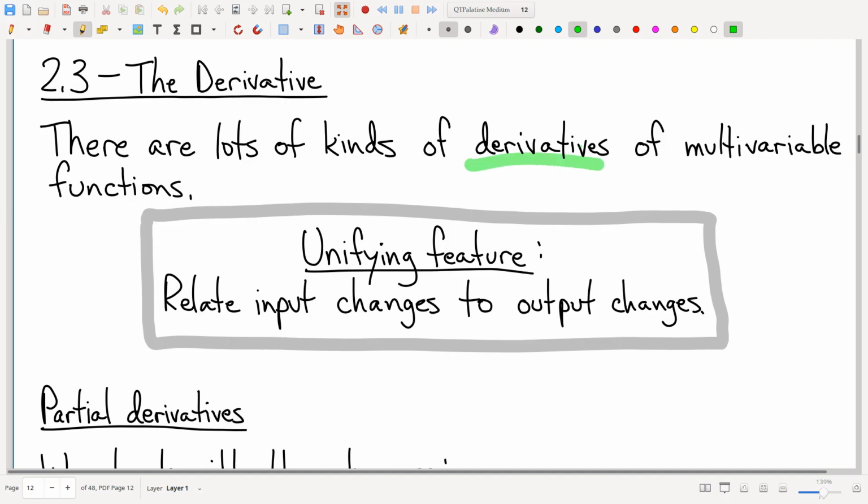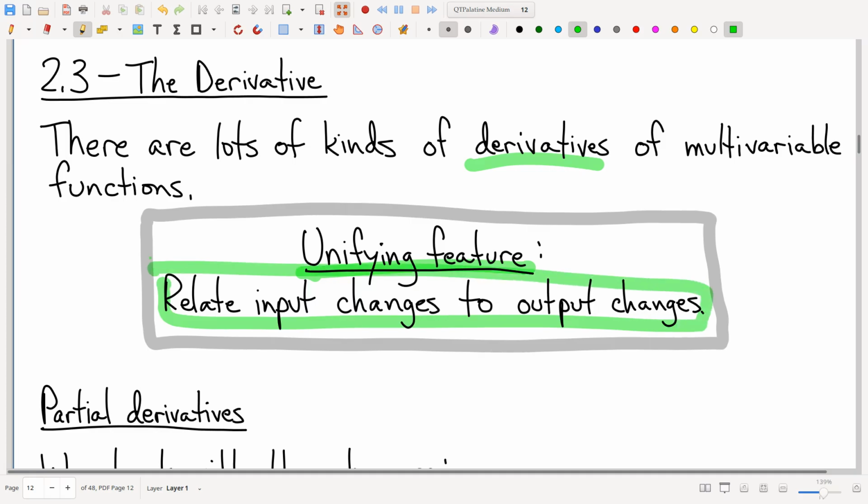And the reason is because they have something in common. They're variants of the same basic idea, and so what is that basic unifying characteristic that justifies calling all of these things by similar names? And the answer is right here. As I see it, this is a personal point of view, all of these derivatives relate input changes to output changes in some way or another. So this is one of the big takeaways from this course.